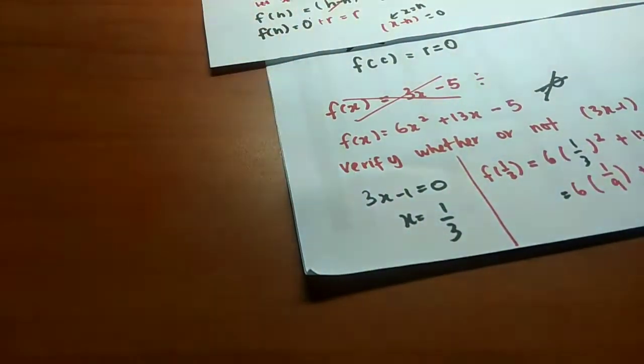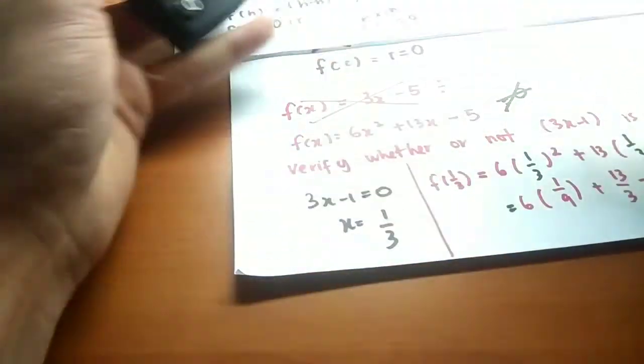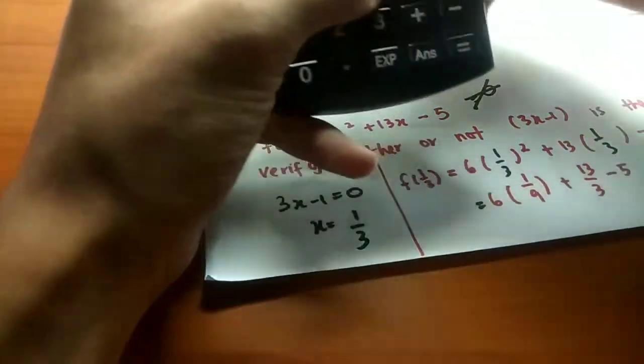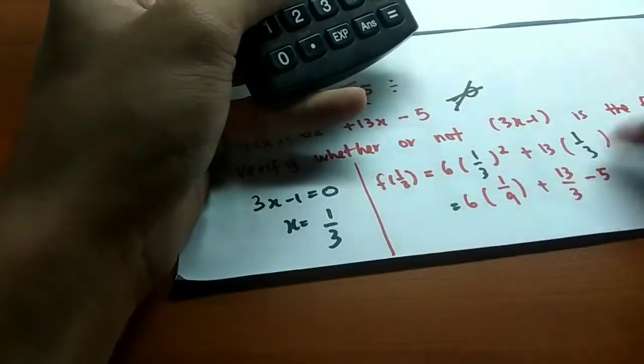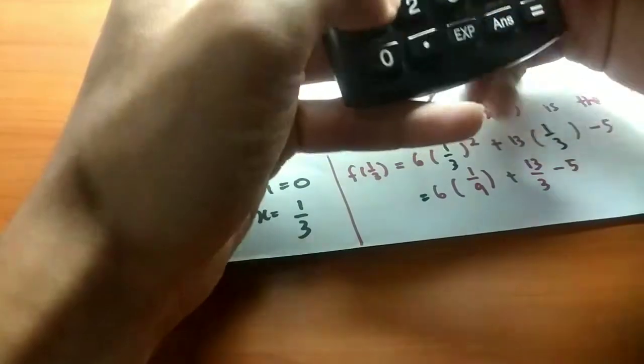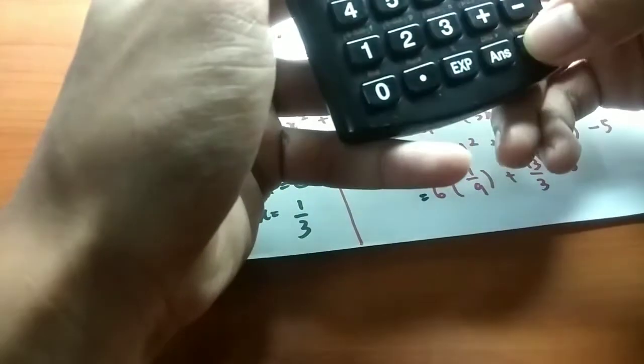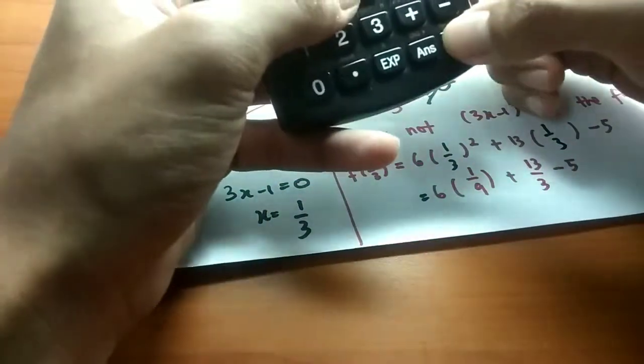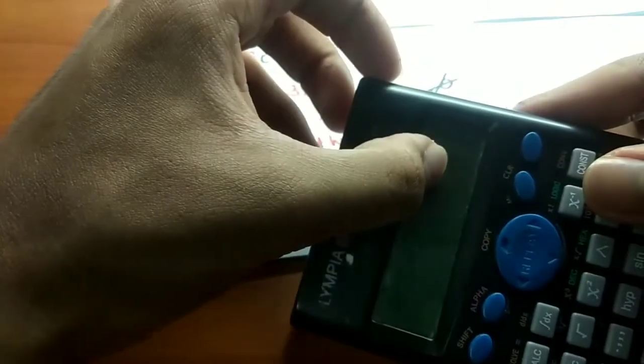Let me get my calculator first. Okay, so we have what? 6 over 9 plus 13 over 3 minus 5, 0.